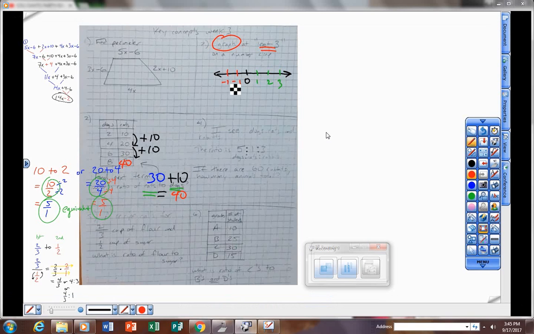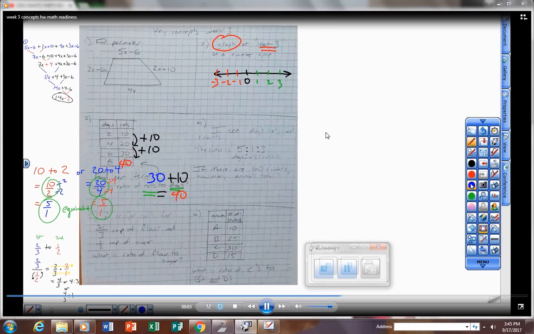At least 3 is going to be a solid circle on 3. Don't want to do an open circle. That shows 3 is not included. You want to include 3, so a solid circle. And then a big solid line or a solid arrow representing all the numbers to the right of 3. All numbers larger than 3 on the number line.